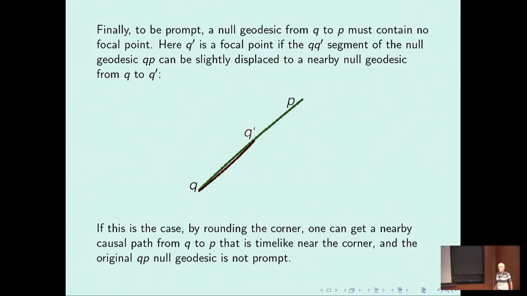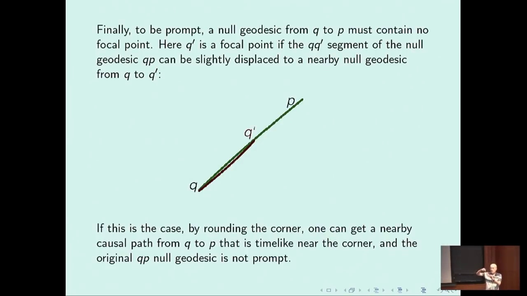Yes? Would these prompt paths minimize the affine length? Well, the question is if prompt paths minimize the affine length. It's a good question, but you have to remember that there's no natural normalization of the affine parameter. So there isn't a well-defined function you'd want to minimize.